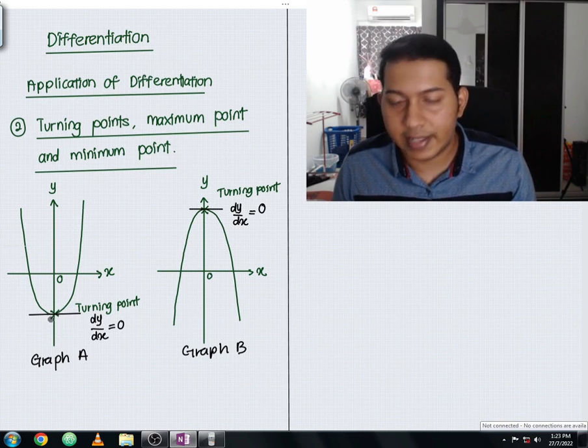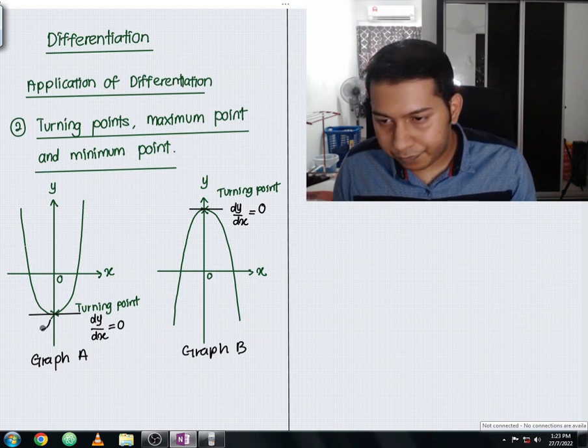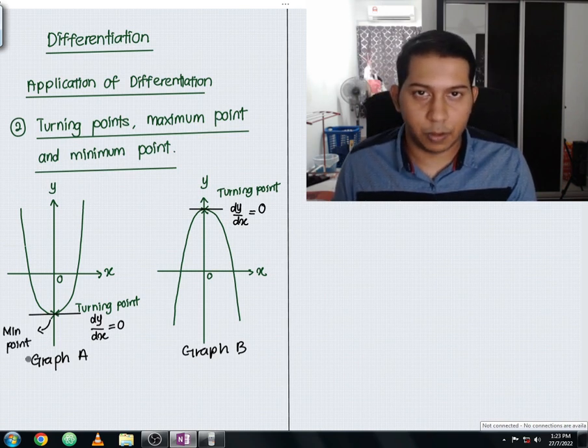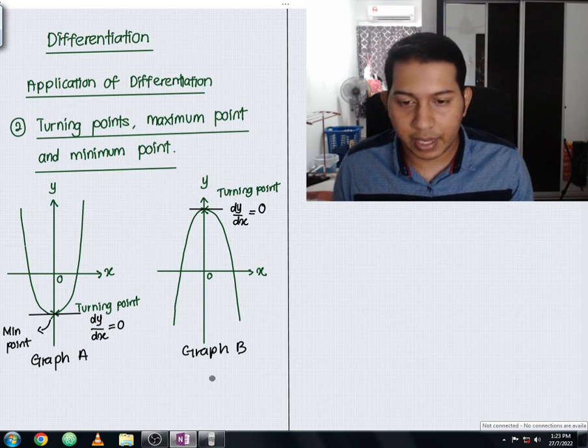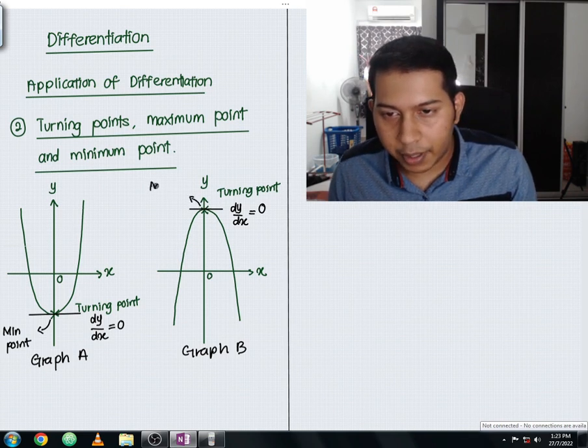So this point is actually a minimum point. And for graph B, the turning point here is showing a maximum point.